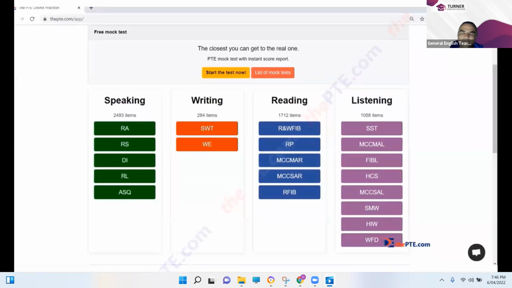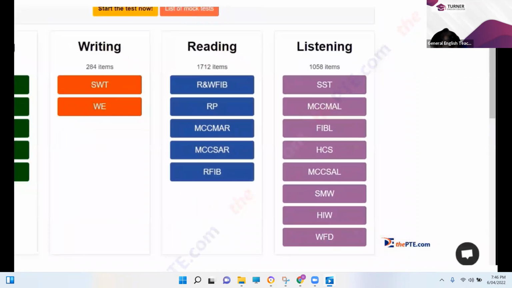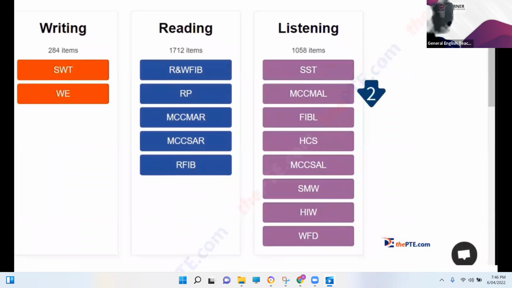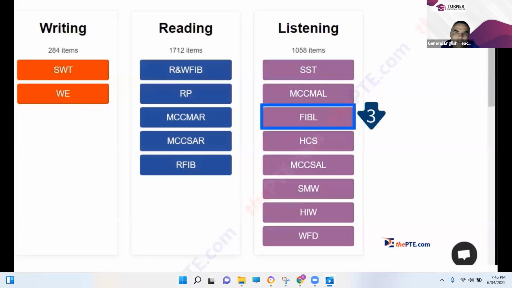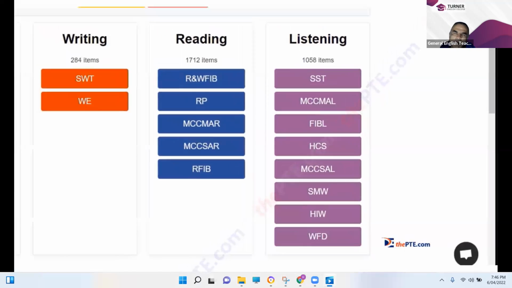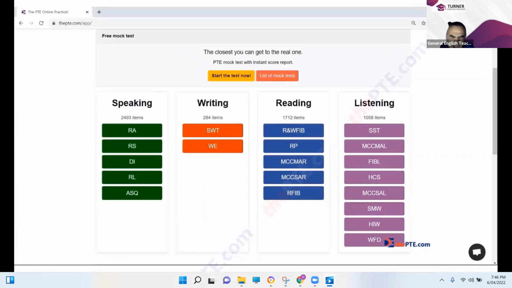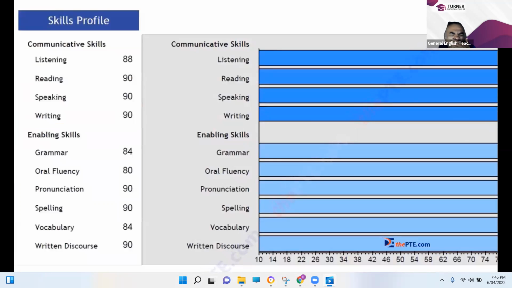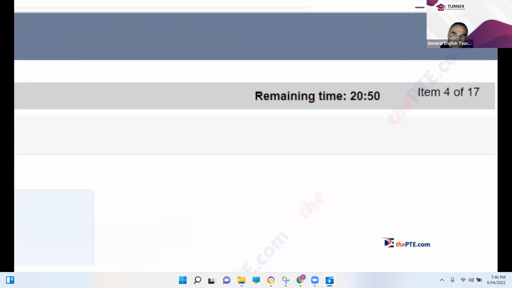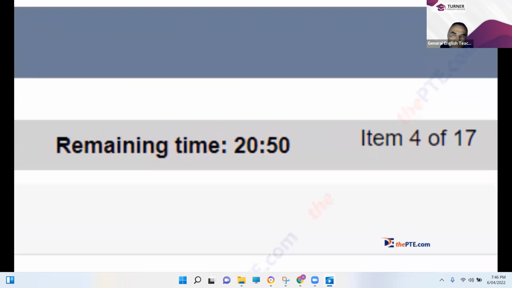As you may know, this item is the third part of the listening section. And it contributes points to your listening and writing overall score. Candidates usually get 2 to 3 sets of these questions.